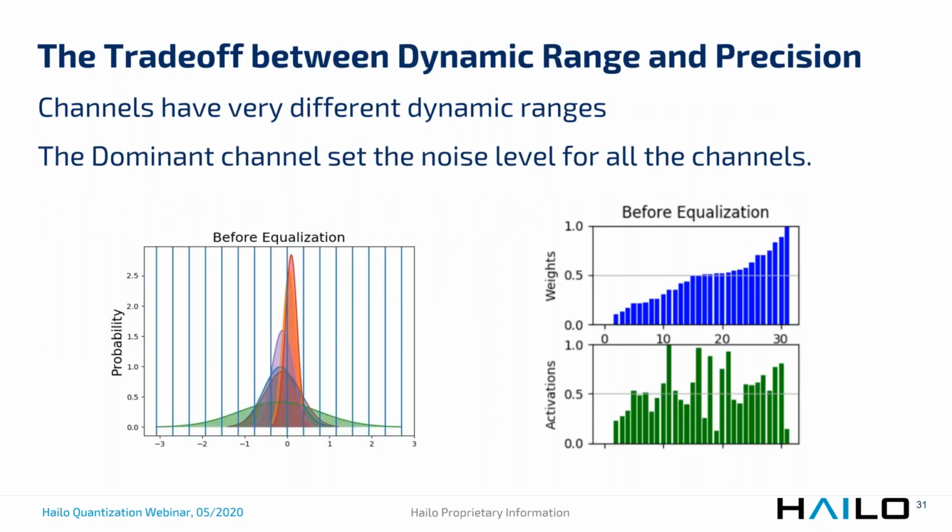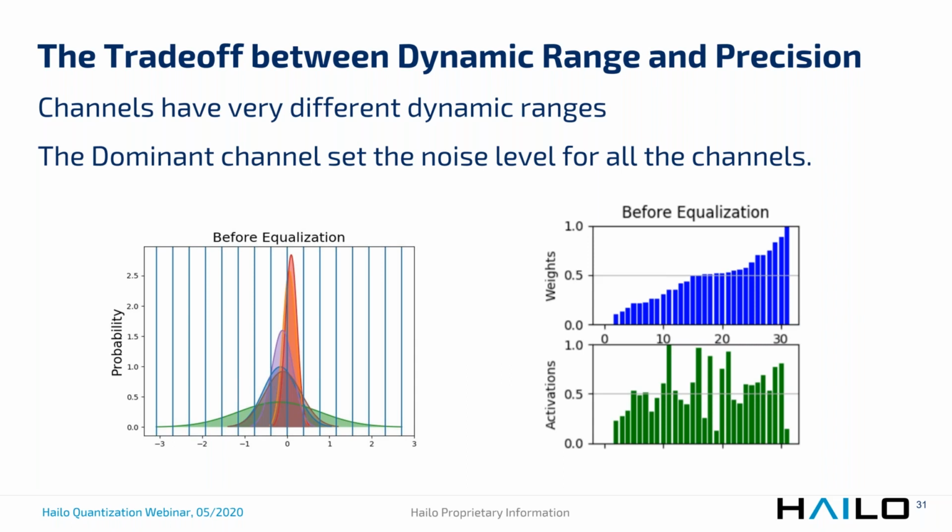So we saw that quantization noise encompasses this basic trade-off between dynamic range and precision. It's actually more complex than that, because every layer has different channels, and these channels don't have the same dynamic range. A particular channel, which we call the dominant channel, sets the noise level for all the other channels.